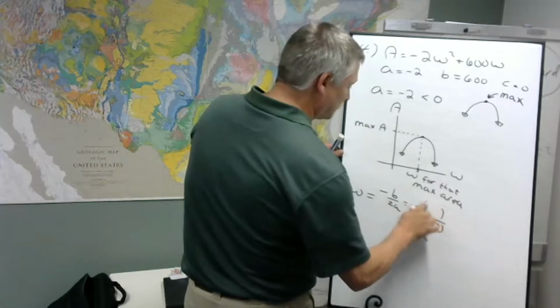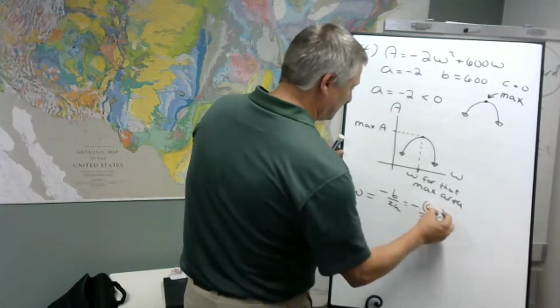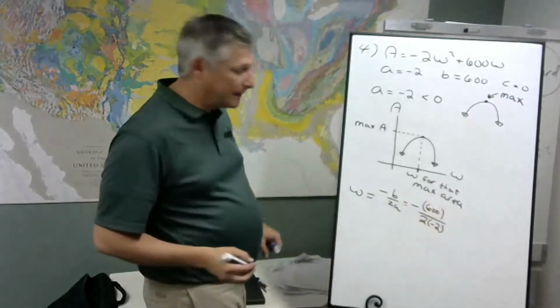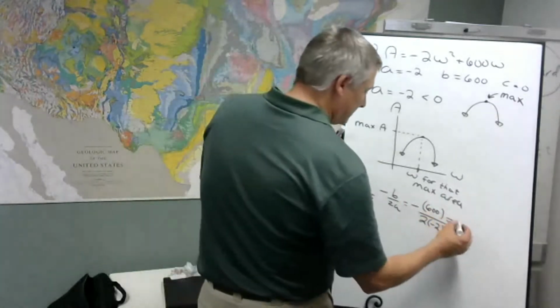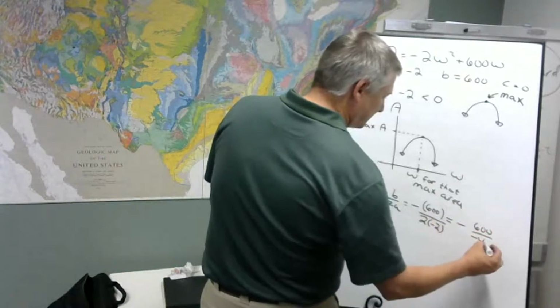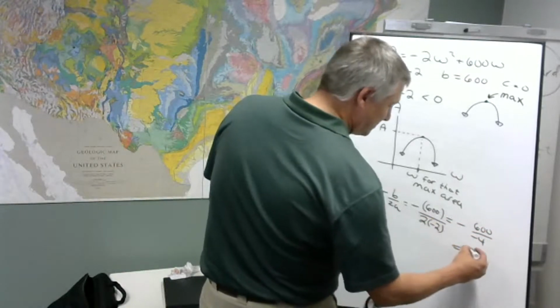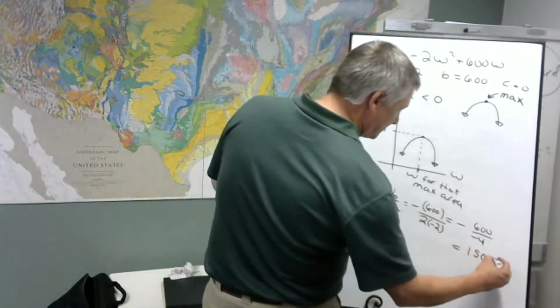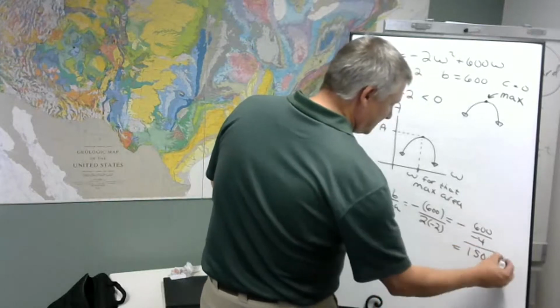Oh, I'm sorry, 600. B, forgot. Negative b over 2a. Or negative 600 over -4. And this will simplify down to 150 feet.